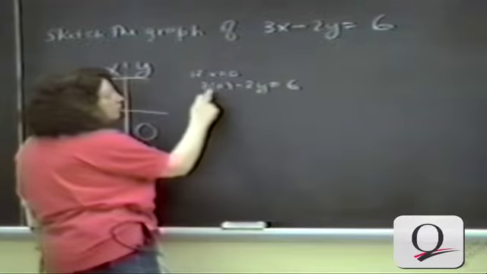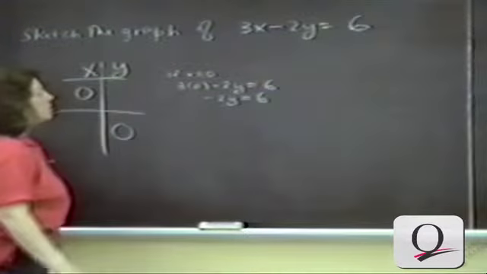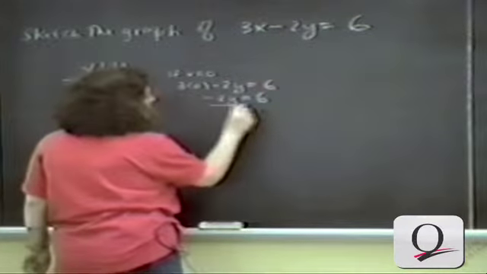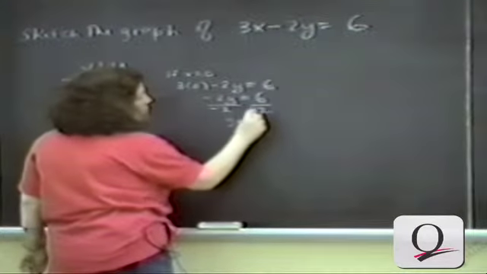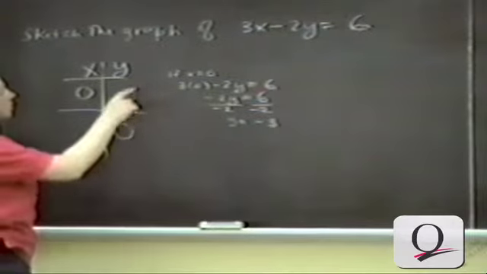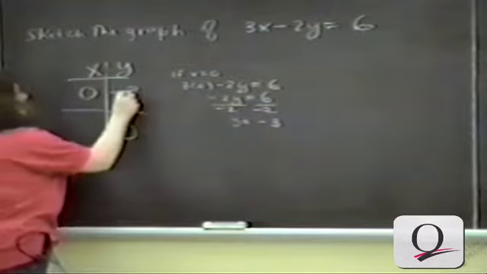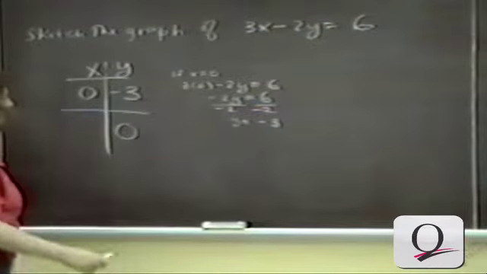Now, 3 times 0 is 0. So minus 2y is equal to 6. And dividing both sides by minus 2, we get that y equals minus 3. So the y-intercept for this line is minus 3. And therefore, the line goes through the point 0, minus 3.